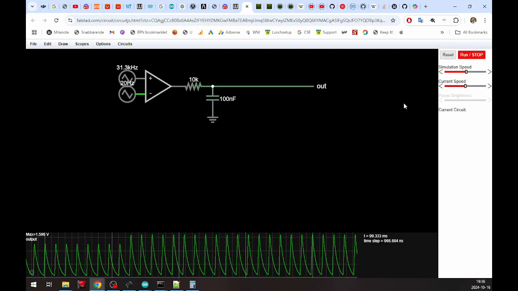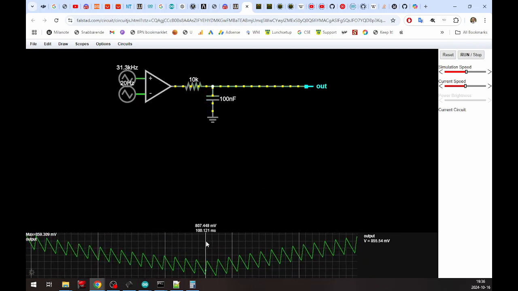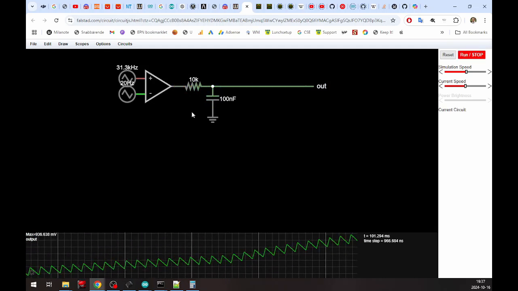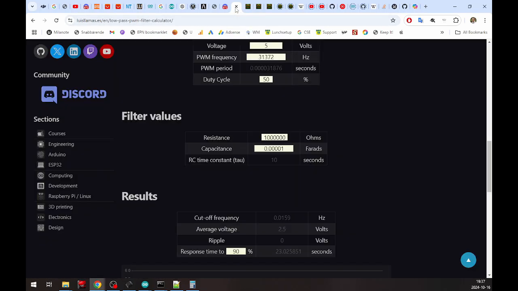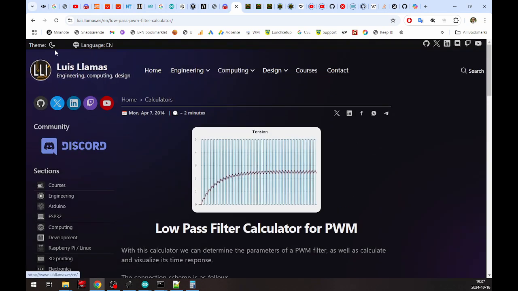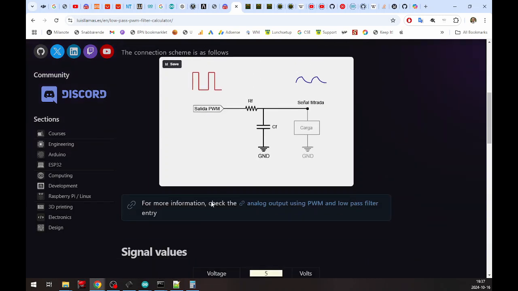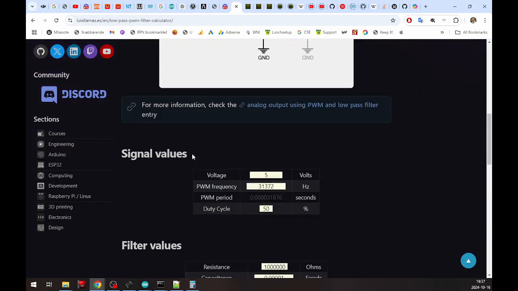So for this simulation, 10K and 100 nanofarad is quite good. But if you don't want to wing it, there are online calculators. You just search for LowPass PWM filter calculator and you will find a whole bunch. I like this one by Luis Lamas, and he also explains the basic concept of an RC filter.